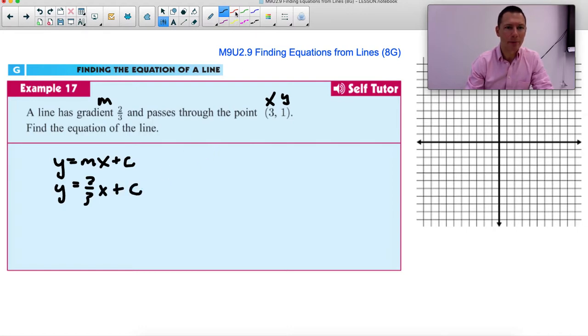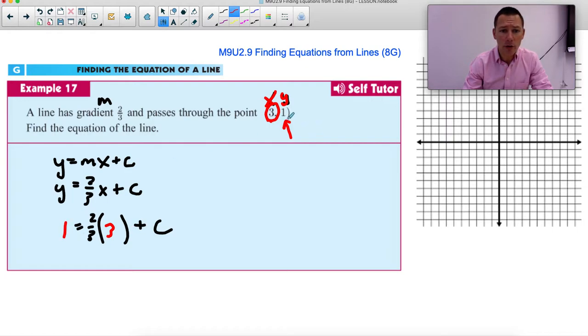I don't know c, but I do know this x and y coordinate. So I know that if I put 3 into the equation in for x, we already have 2/3 multiplied by x. I don't know c, but if we put this x value in here, we should get out this y value, right? We should get out 1 for y.